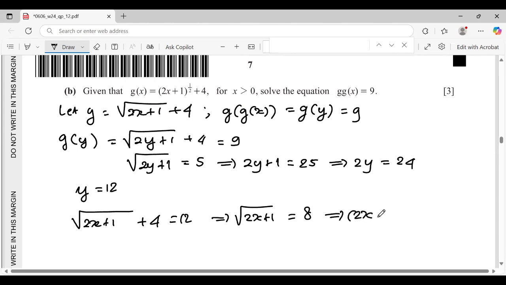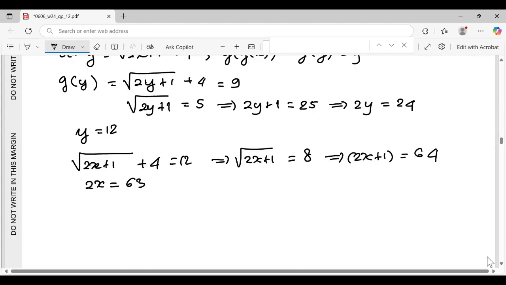Or 2x plus 1 equals 64. So 2x equals 63, because 64 minus 1. So x equals 63/2, or in decimal 31.5. That's one.